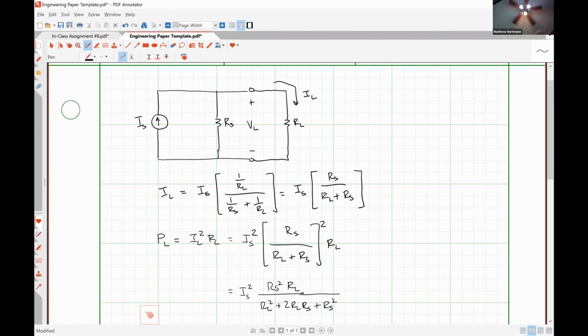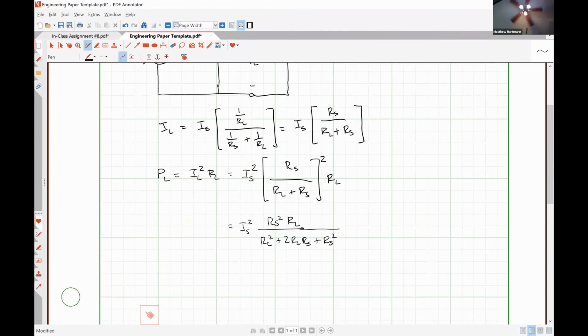Trying to remember if I take the derivative with respect to RL or RS.